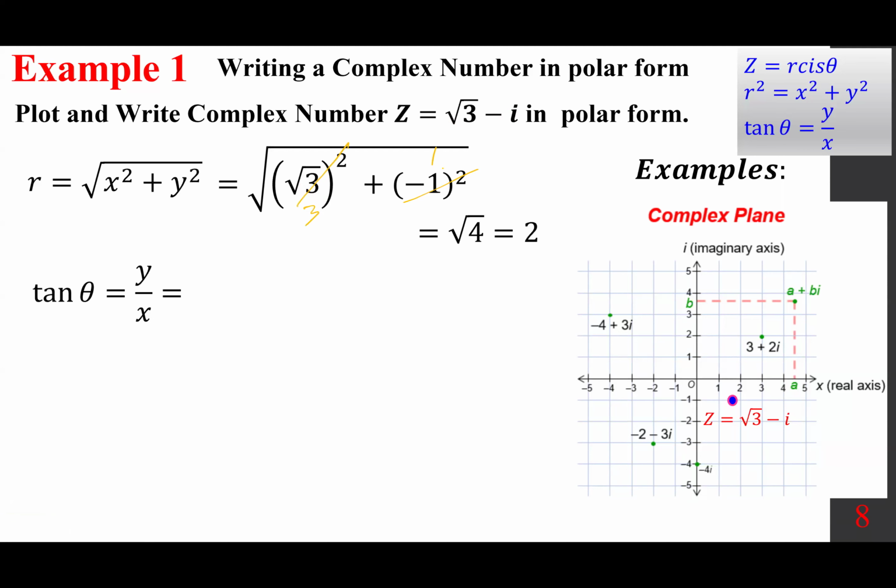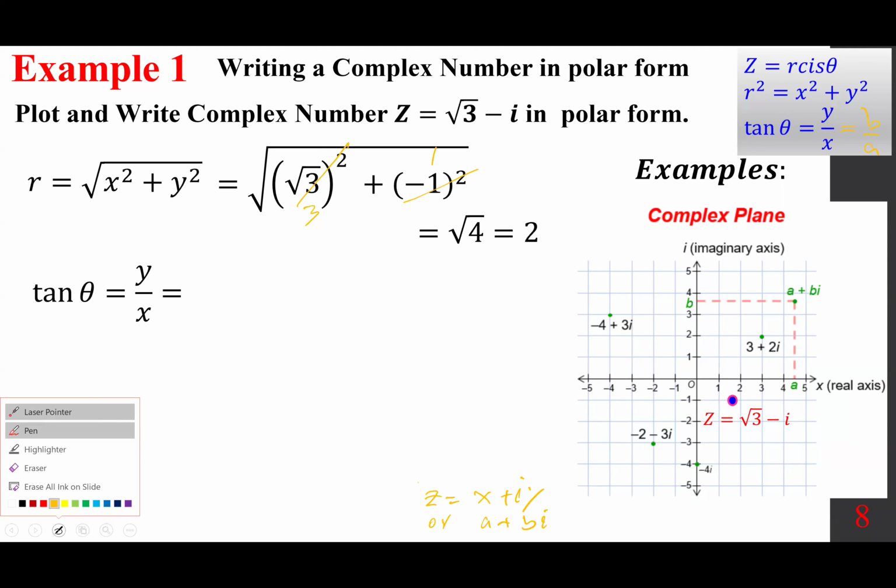Tan of theta is y over x, or b over a, sometimes they call it, because if you go with a plus bi. So let me just write that. z is x plus iy, or a plus bi. And so tan theta could be b over a, depending upon how you write.